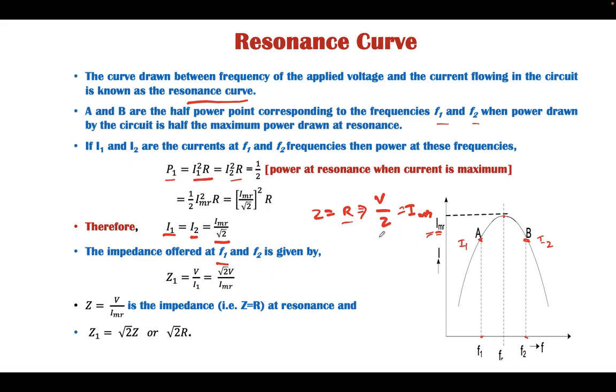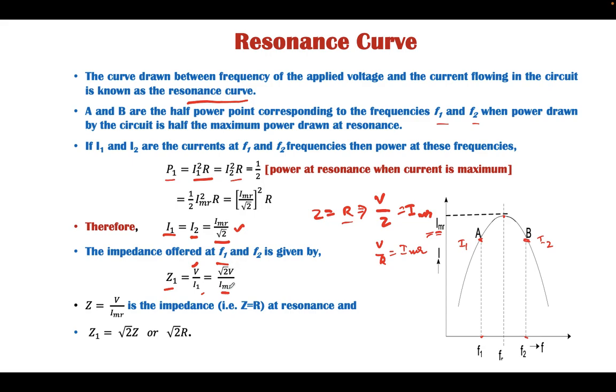Because we know that V upon Z, or V upon R, is equal to IMR, then in this equation if we put the value of Z1, Z1 is equal to V upon I1, where I1 is the current at frequency F1. Putting the value of I1 in terms of IMR, this can be written as root 2 V upon IMR.